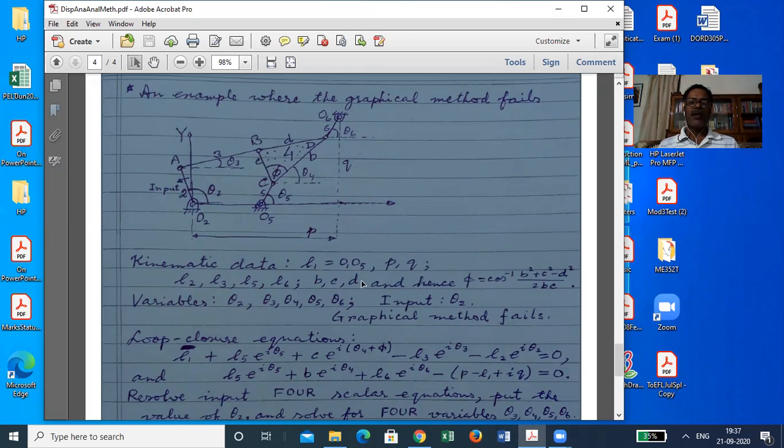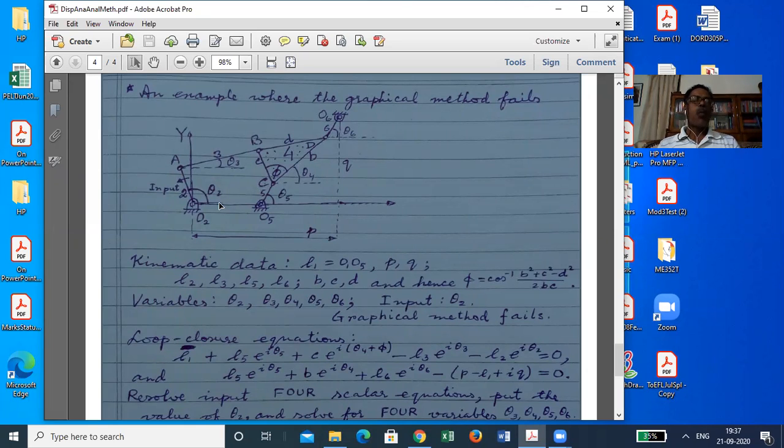They are equivalent. Two sides and the included angle you could have given. Otherwise, you can always find phi like this. Fine. Now the variables are theta 2, theta 3, theta 4, theta 5, and theta 6. So corresponding to each movable link, you have got one variable.